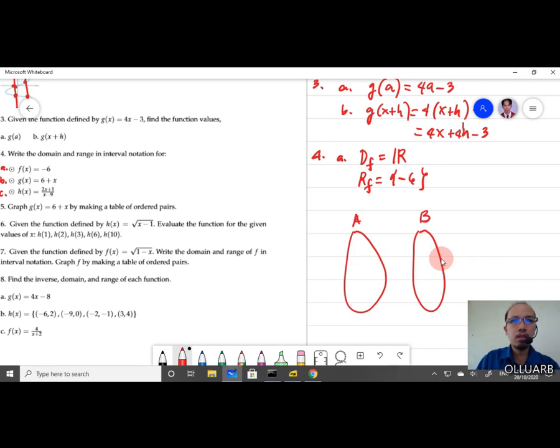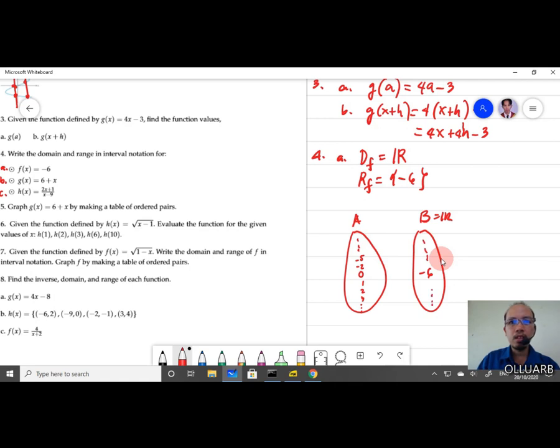Notice that the domain is a set of real numbers: negative 1, negative 5, and so on and so forth, 1, 2, 3, and so on. Here we have negative 6. Our codomain is the set of real numbers.